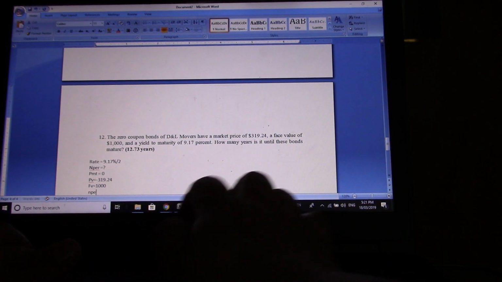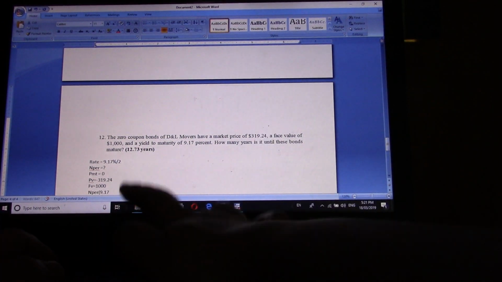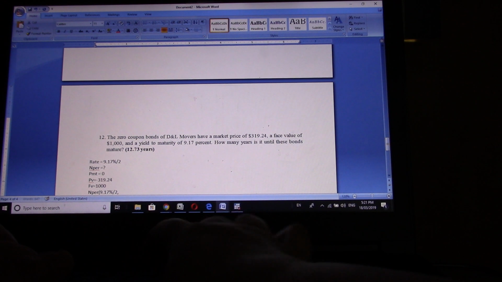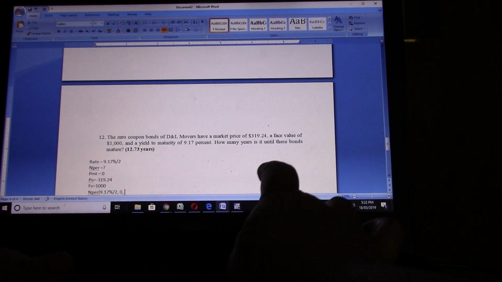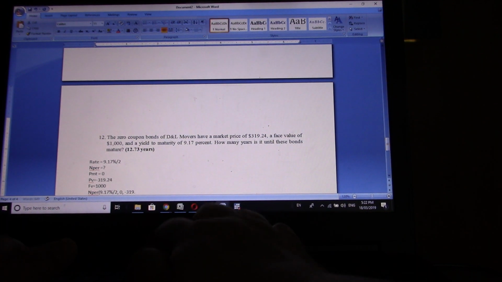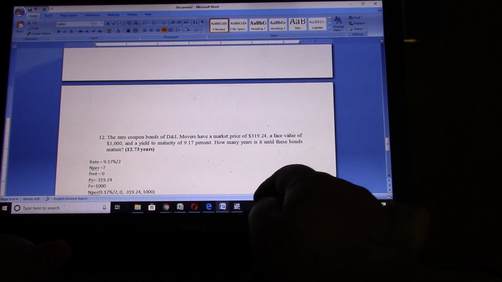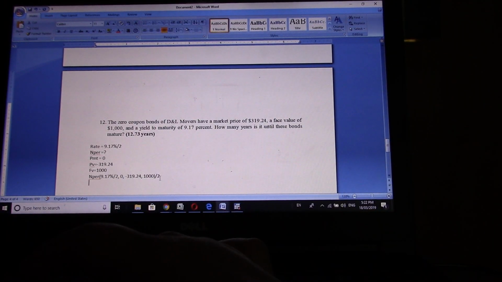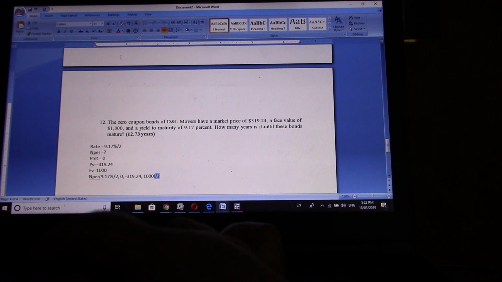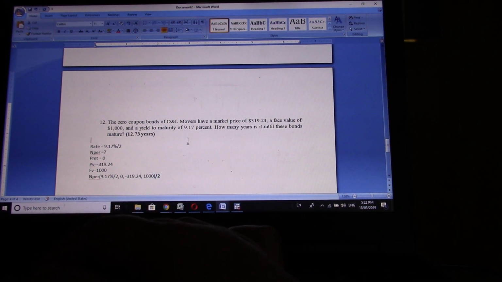So the answer should be Nper, 9.17% divided by 2, and 0, negative 319.24, 1,000, and divided by 2. Don't forget that. It should be 12.73.